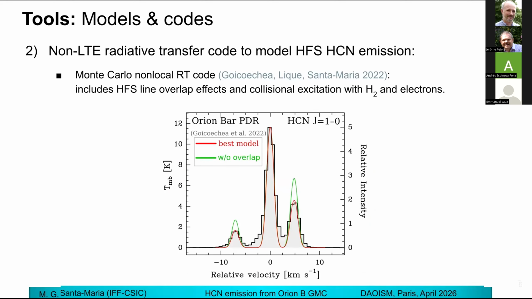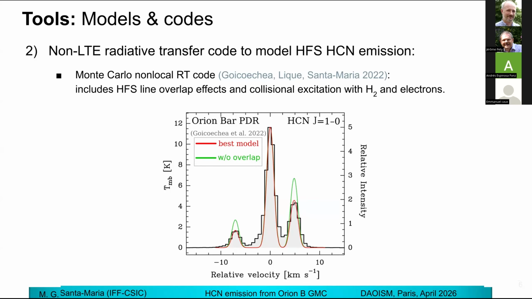Other tools that I use for this work is a non-LTE radiative transfer code, like RADEX, but a little bit more complex. This code includes hyperfine structure line overlap effects, because HCN has hyperfine structure.